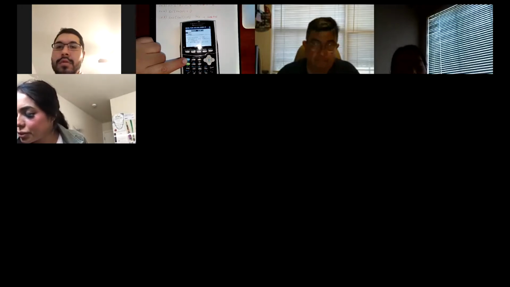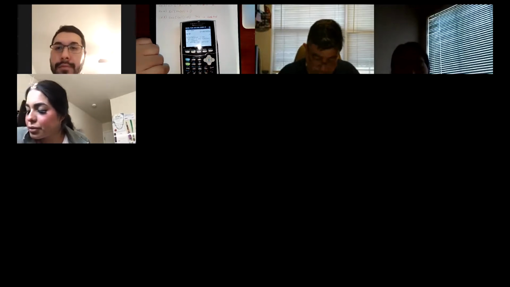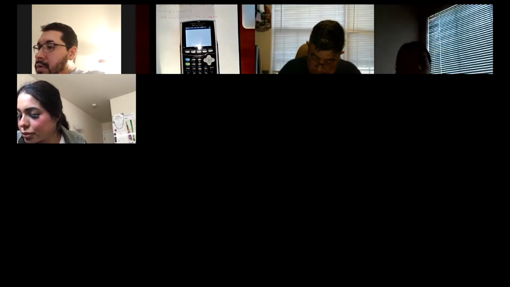So if I do cosine of cosine inverse of 1.2, I should get an error because it's not in the domain. So you can also try it on your machine and figure out. You can see right away it's not going to happen. That makes sense.